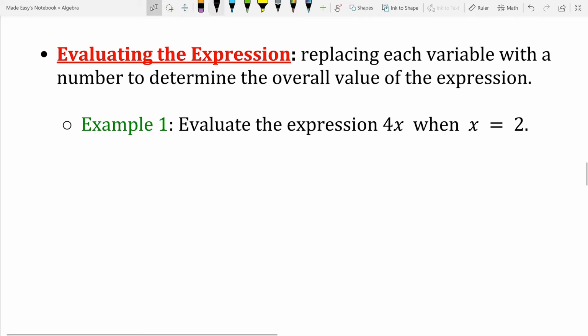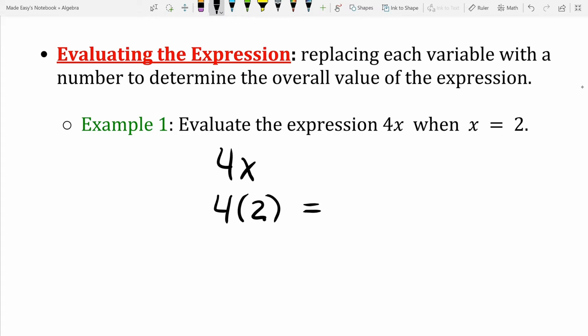It says evaluate it when x equals 2. Since I know it's being multiplied, I'm going to use the multiplication form. Well, 4 times 2, that's a simple one, and that equals 8. So when we evaluate the expression when x equals 2, we have 8.